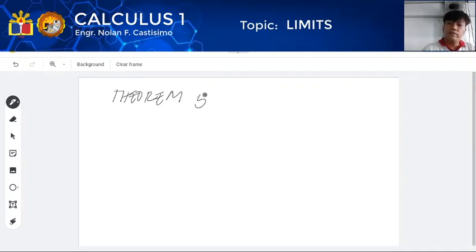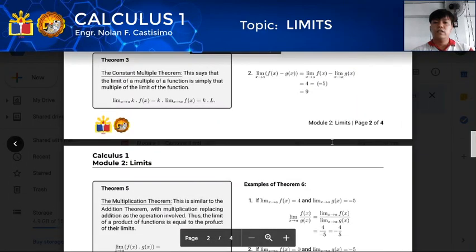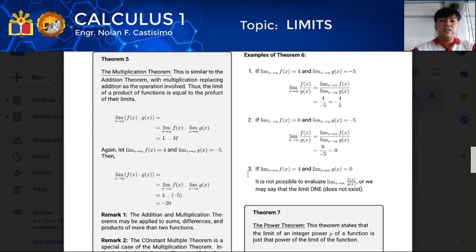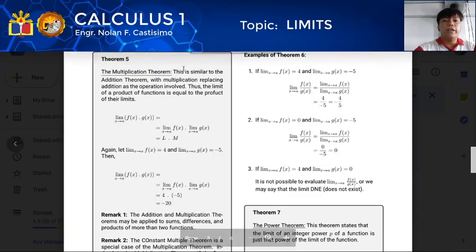So, Theorem 5 states that the multiplication theorem, this is similar to the addition theorem, with multiplication replacing addition as the operation involved.